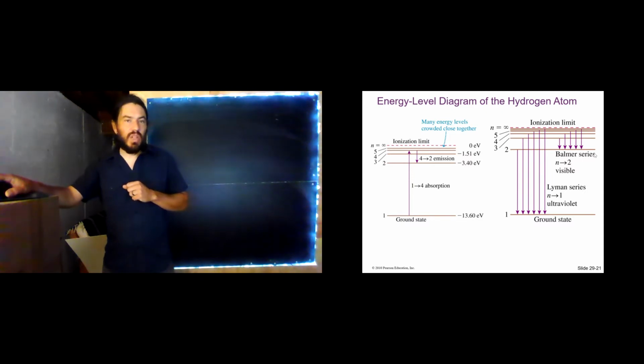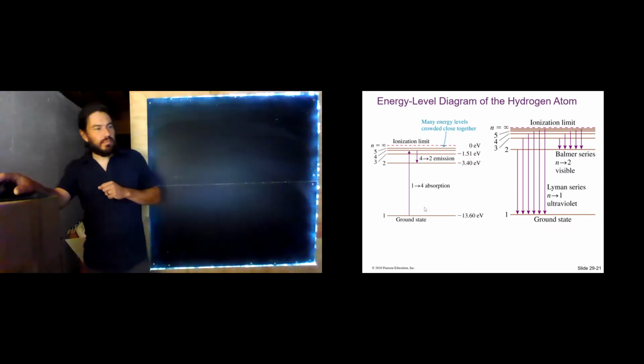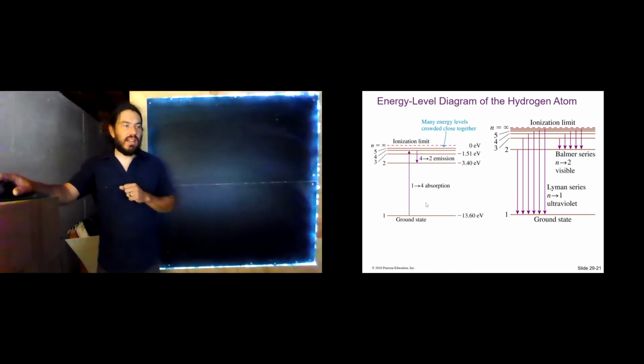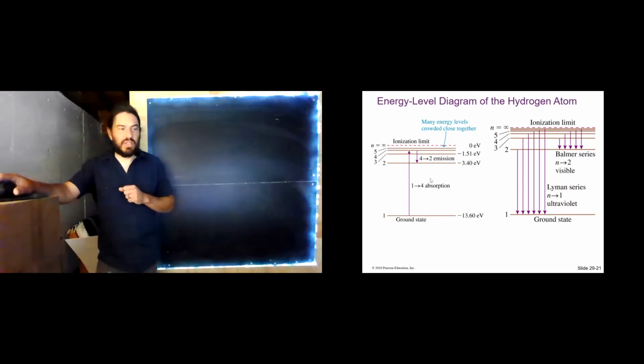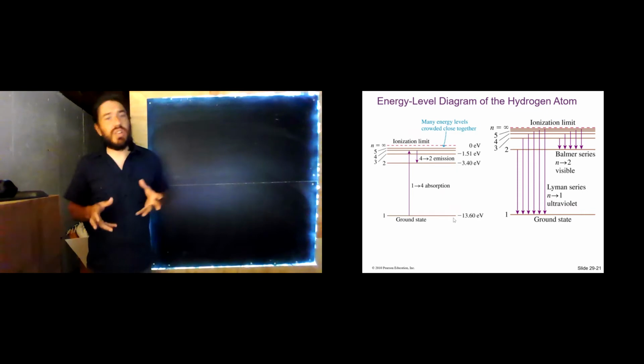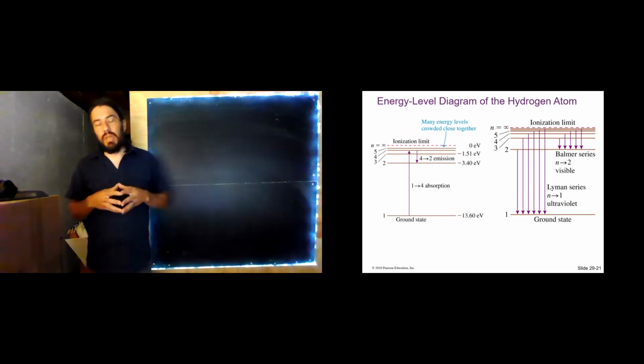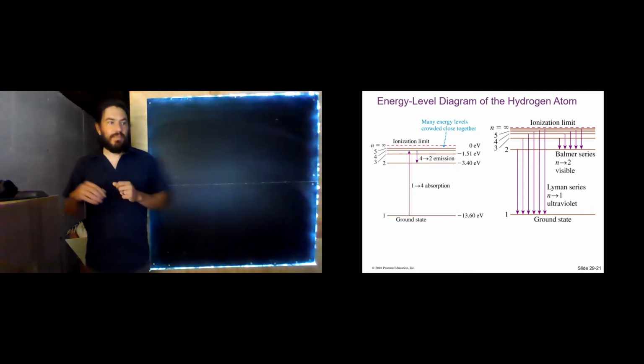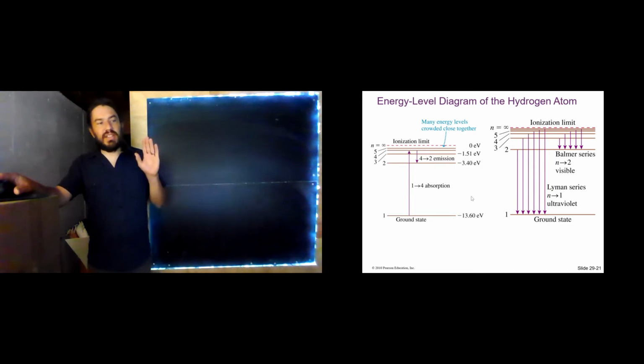That gives us the visible lines in the hydrogen spectrum. Again, as I mentioned before, the absorption spectrum all comes from the ground state, because in general, if you've got a bunch of hydrogen atoms hanging out, they all will be in the ground state. Okay, so this predicts the energy levels of the hydrogen atom.